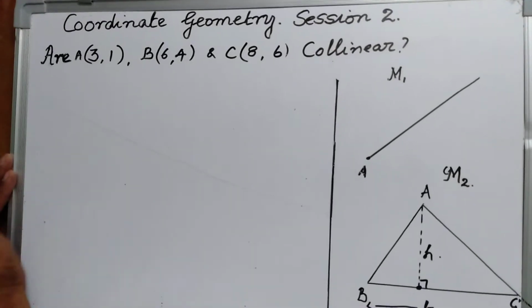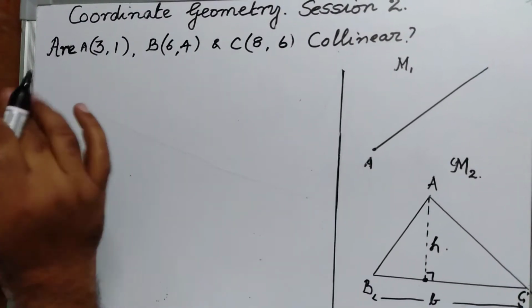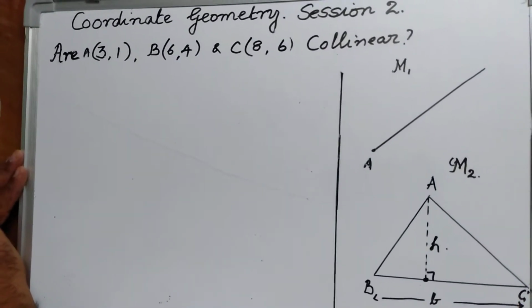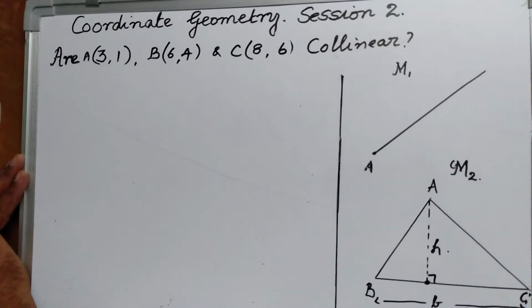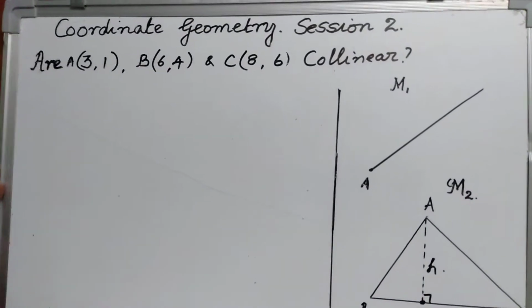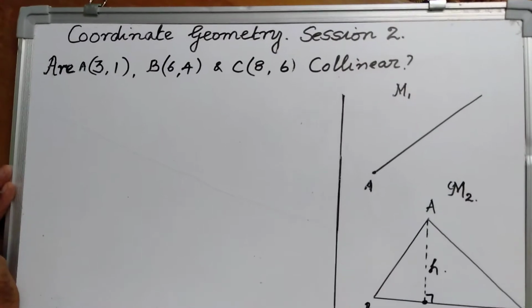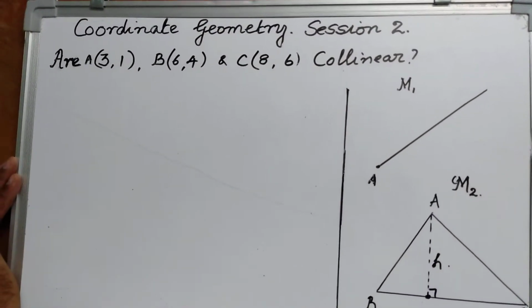If the sum of any 2 segments is equal to the third one, then the 3 points A, B and C are collinear. And if you have not understood what that word collinear means, it means lying in a same straight line.